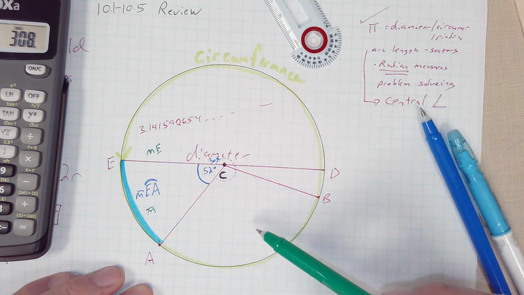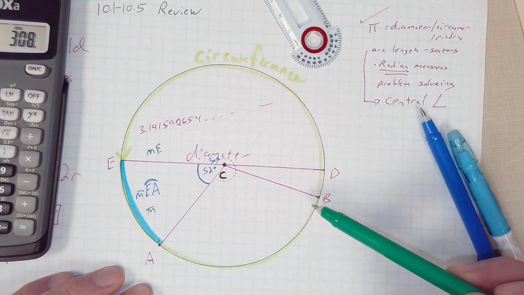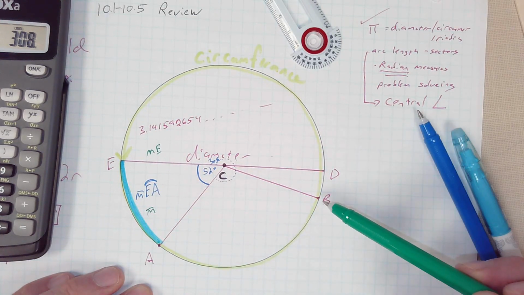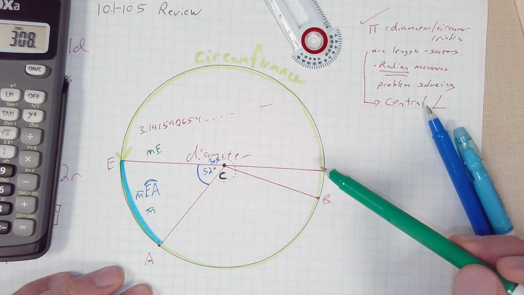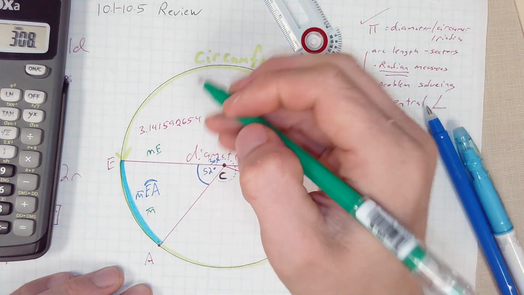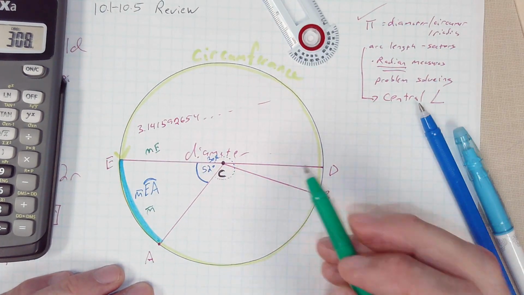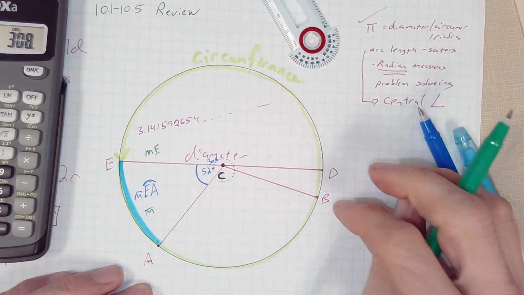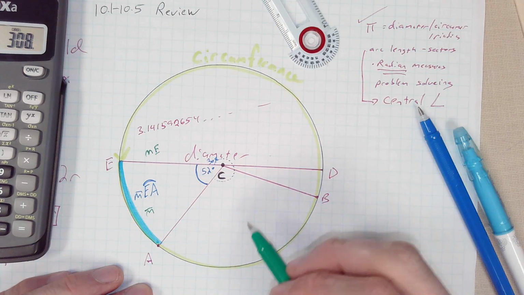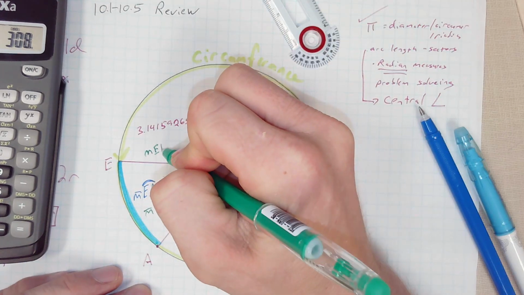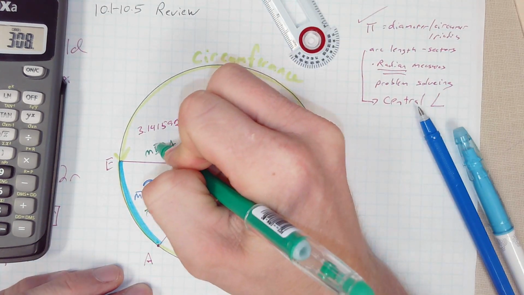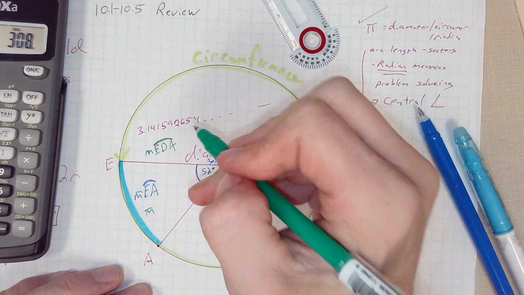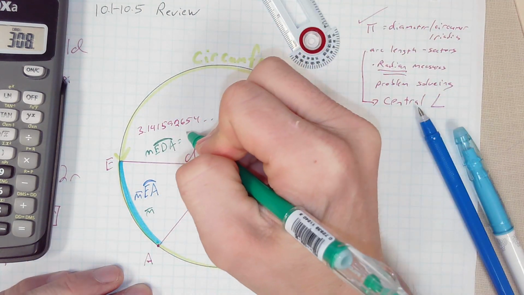Or MDA, or MBA. If you didn't have any of these, it would be MCA, right? So I'm just going to call it MDA because it goes through D. MDA. It has 3 letters, okay? And it equals 308.